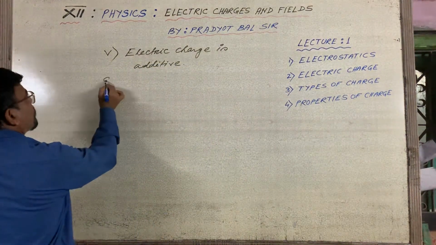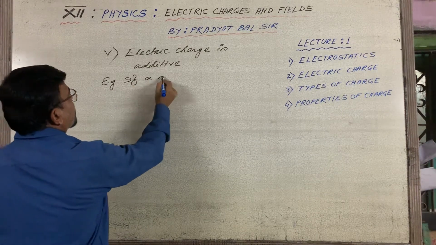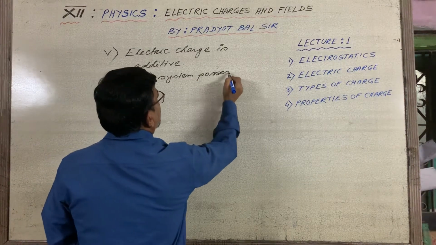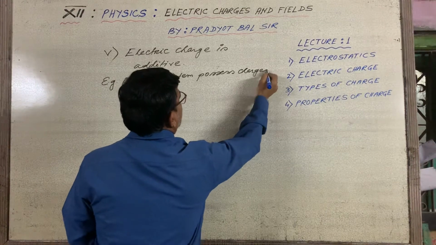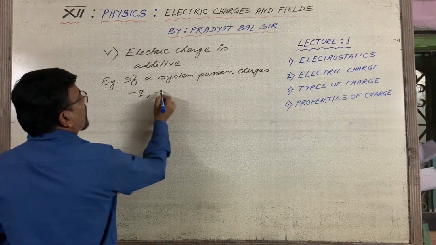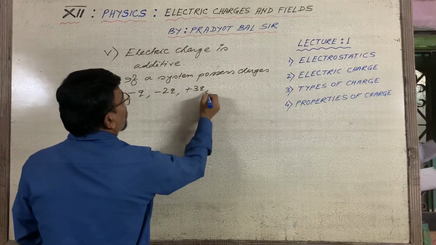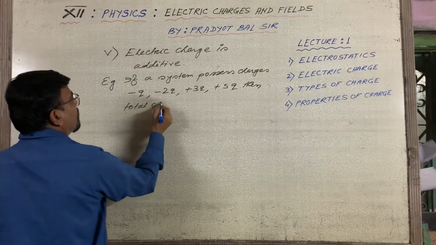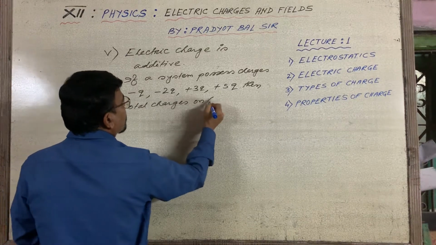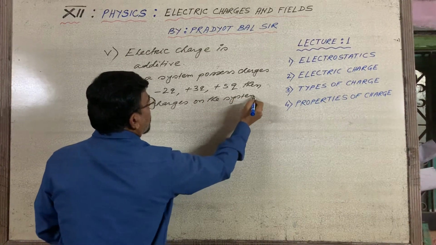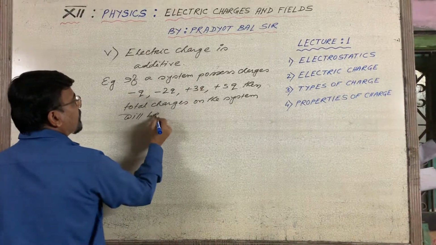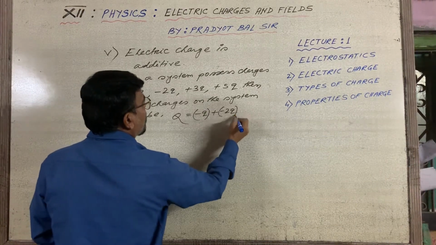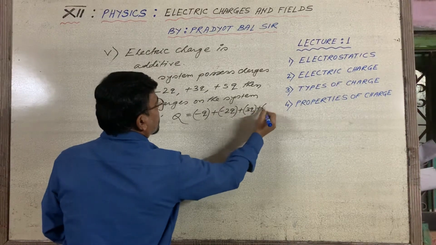For example, if a system possesses charges minus q, minus 2q, plus 3q, plus 5q, then the total charge on the system will be Q is equal to minus q plus minus 2q plus 3q plus 5q.